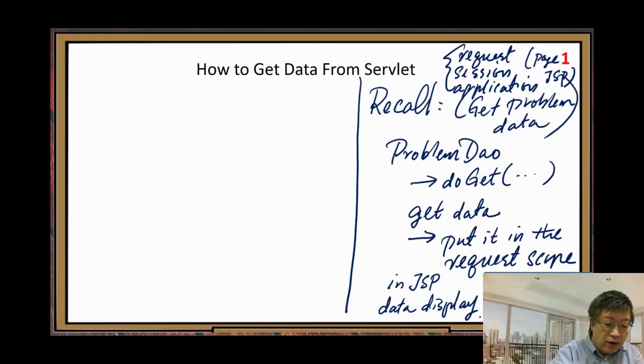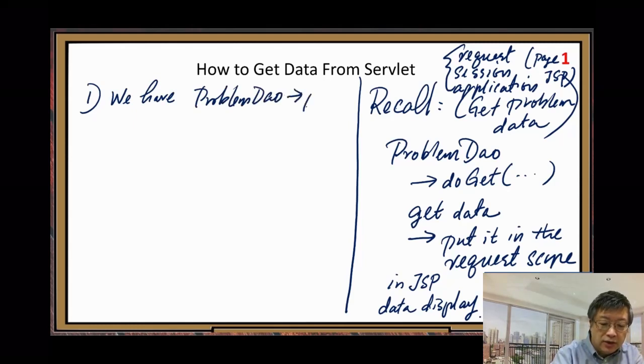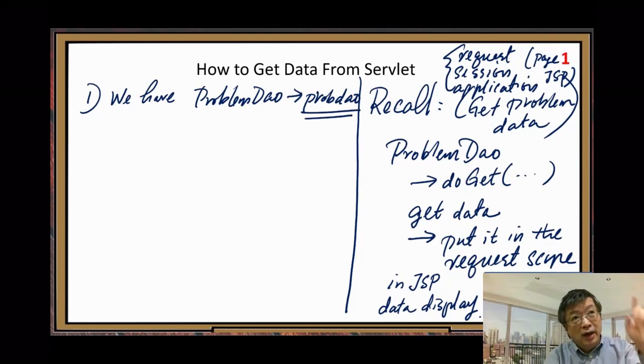First, we already have that problem DAO object, let's say the probDAO reference. Then we use it to get the total number of problems.